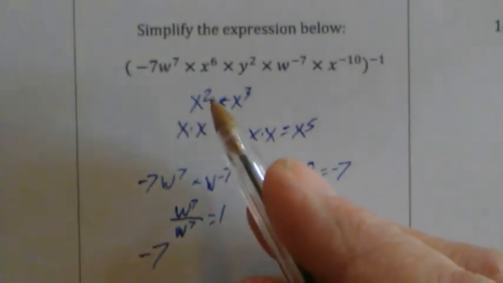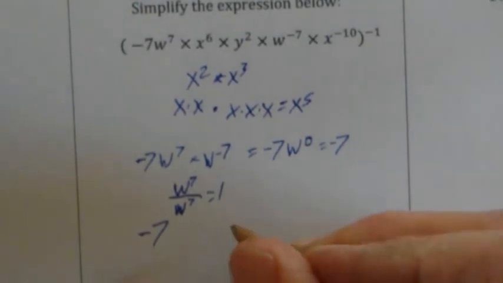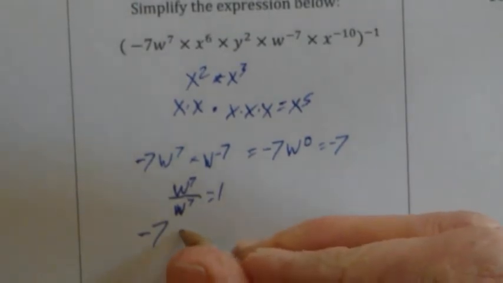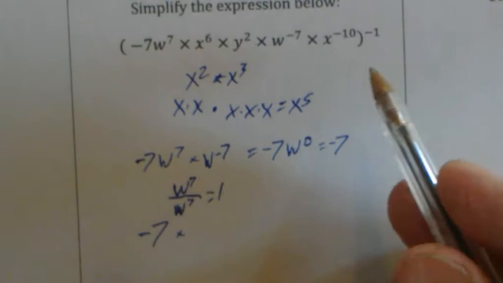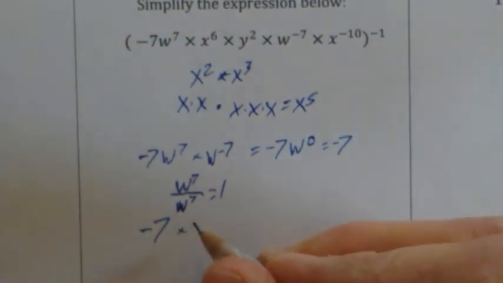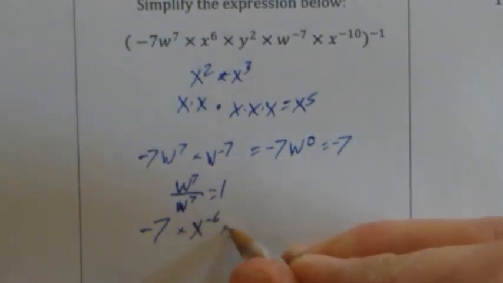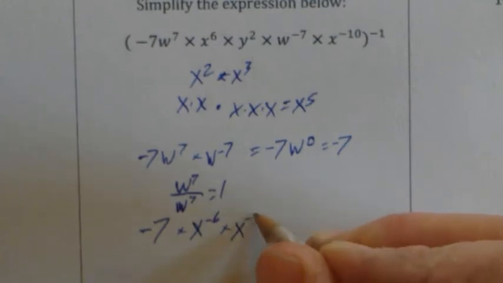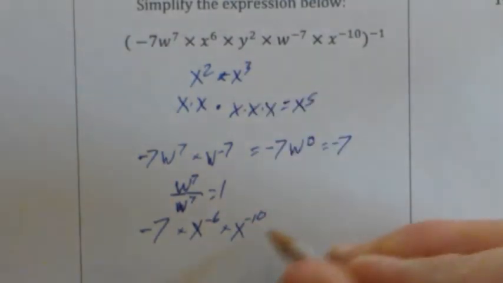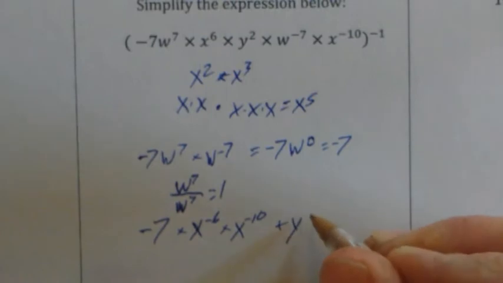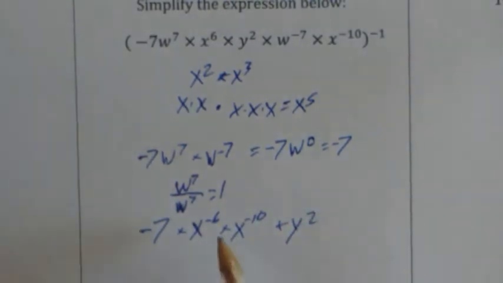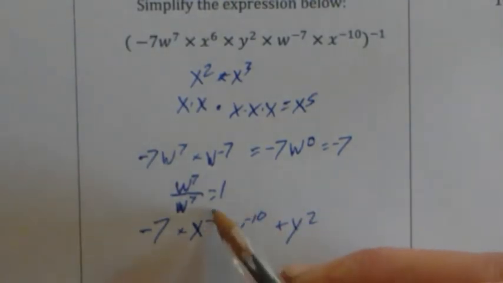Now x's, we have what? This is all going to be times x to the 6th times x to the negative 10th. And there's also y squared left here. Okay, this was x to the 6th, not negative 6. It was positive 6.